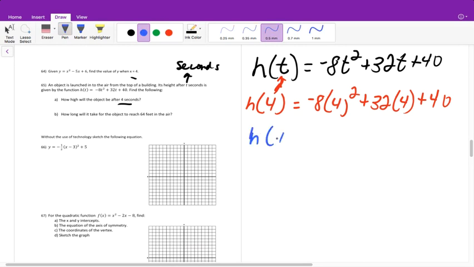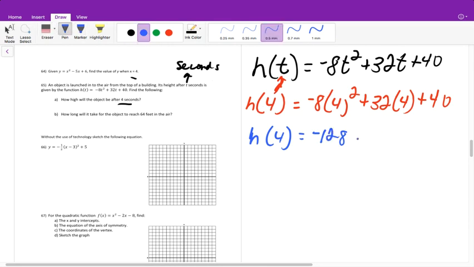So our h of 4 is then equal to 4 squared is 16, times negative 8 will be negative... I'm sorry, 128.